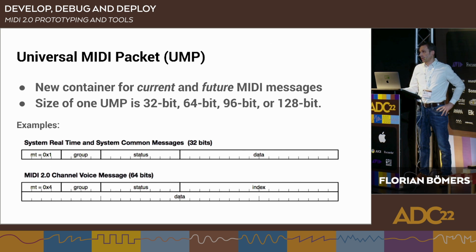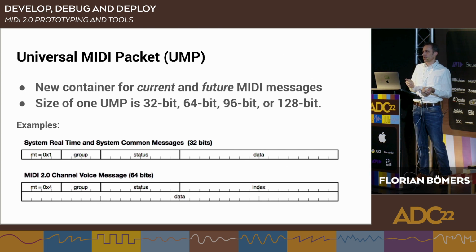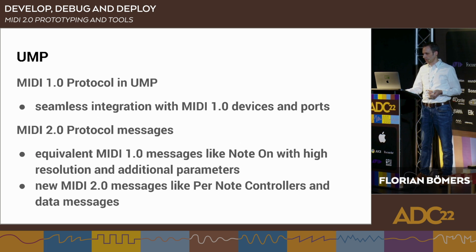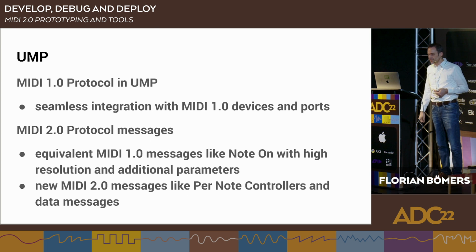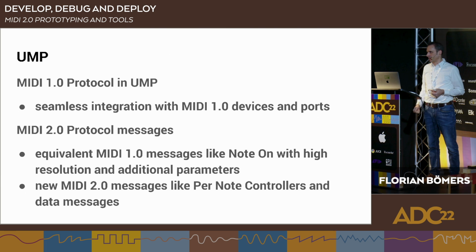And this is where all the new functionality is going in with respect to channel voice messages, higher resolution. We have 32-bit resolution for controller messages. There's per-note controllers. So a lot of new functionality in UMP, and it's extensible. So in future, the MIDI Association will come out with more standards and more functionality for UMP.